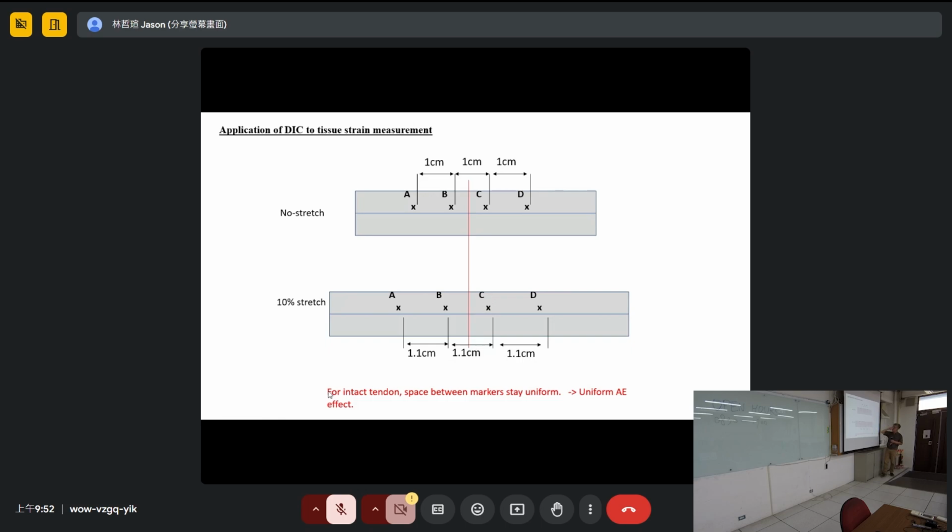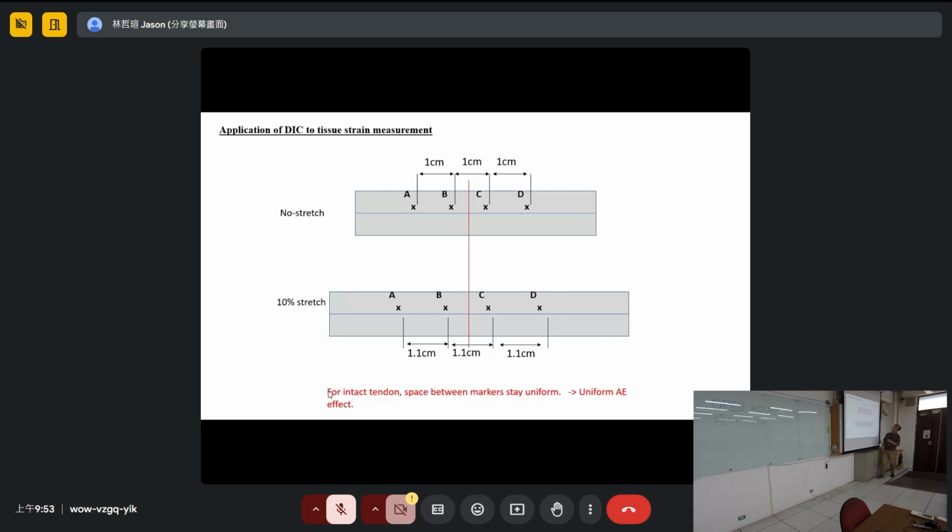Good? Alright, so I capture the video, okay? Since this is the video, I can put the digitized markers here, right? Then let's say at the end of the video, that tendon stretched exactly 10%. Using the testing machine, you can achieve this easily.